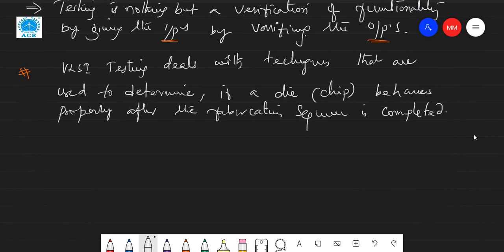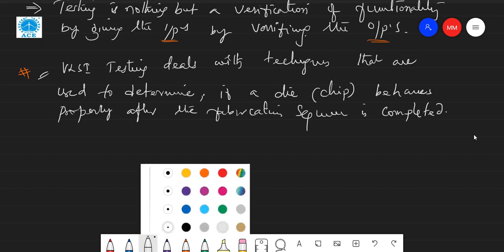After this step, if my design is tested properly, and the die passes all these test phases, then they are packed and sold. Companies generally do it like this.